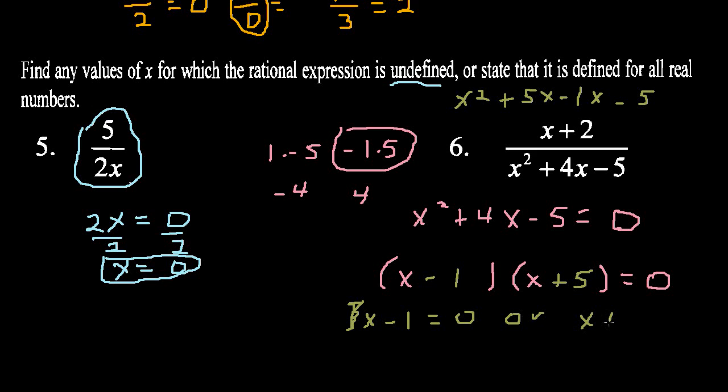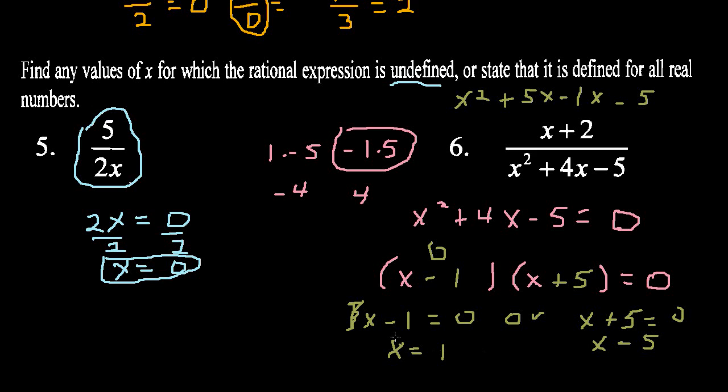Which makes sense, that if say this one was 0, 0 times whatever this second factor is would give you 0, and vice versa. So either x minus 1 equals 0 or x plus 5 equals 0. And solving this, just adding 1 to both sides, we get x equals 1 here. And adding a negative 5 to both sides on this other one, we get x equals negative 5 over here.